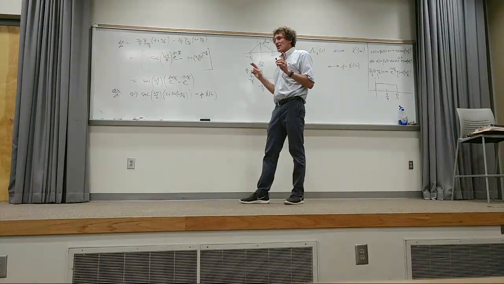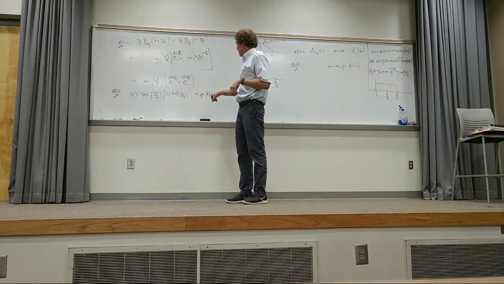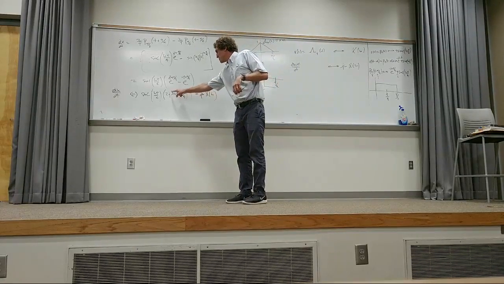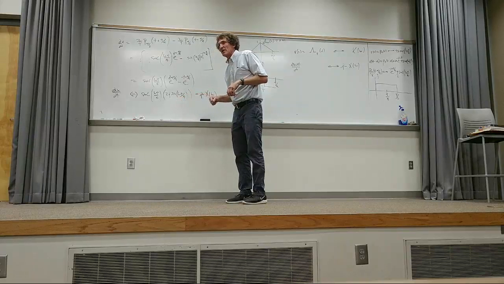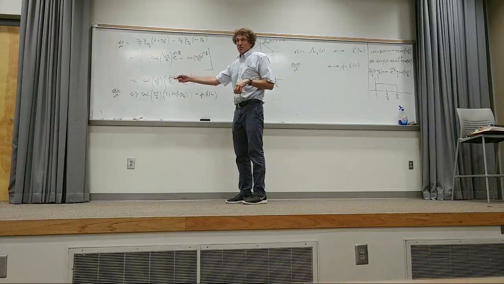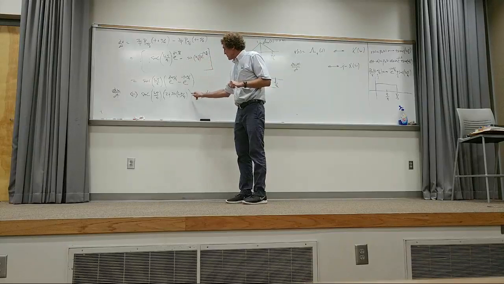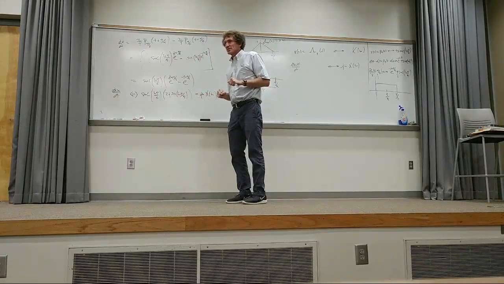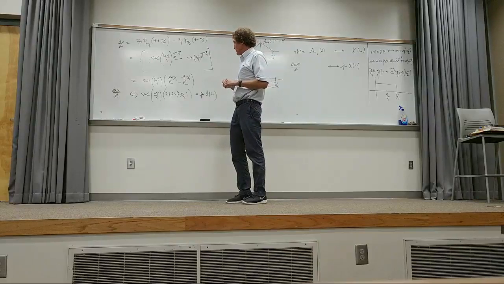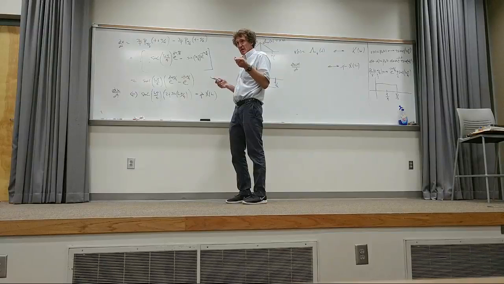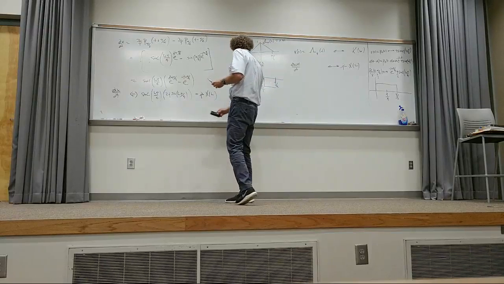I'm almost ready to go for a sinc. The j's cancel, then I can take the 2 downstairs. Now I have omega over 2, but I need omega over 4. So I multiply top and bottom by a half. I'm going to find a way to make that appear downstairs so I can replace that sine of omega tau over 4 divided by omega tau over 4 by a sinc. Are you with me?